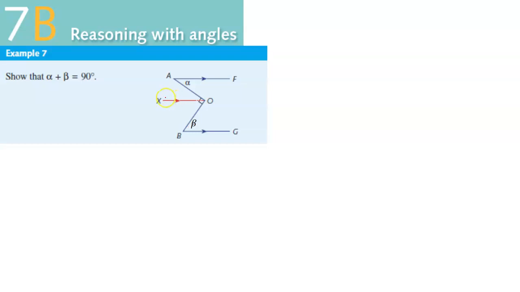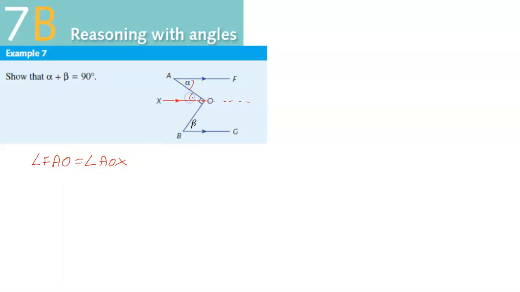So to be able to do this, I'm going to introduce a new line here, XO, which is parallel to AF and parallel to BG. Now from this, I can say that angle FAO is equal to angle AOX.